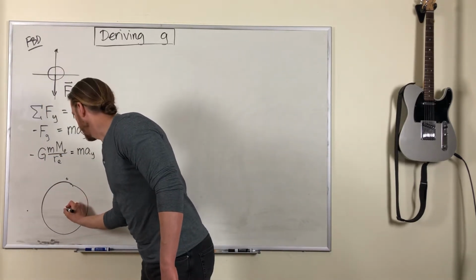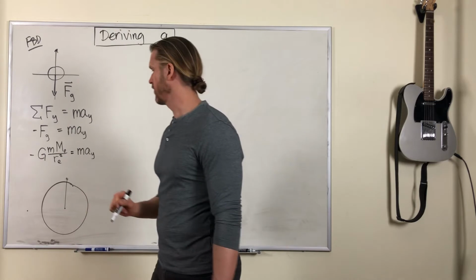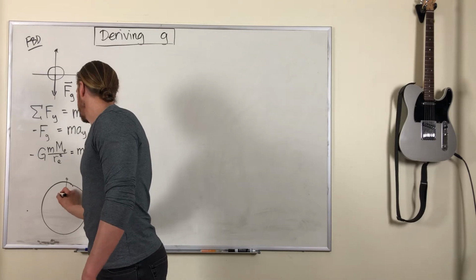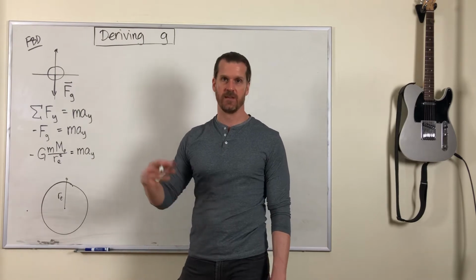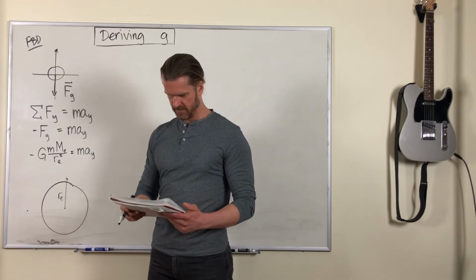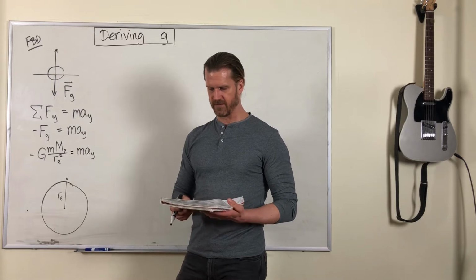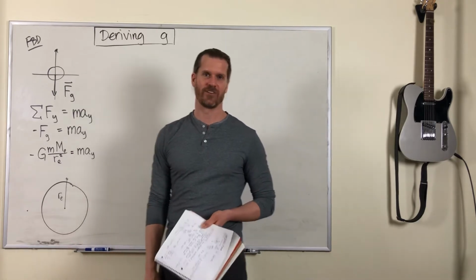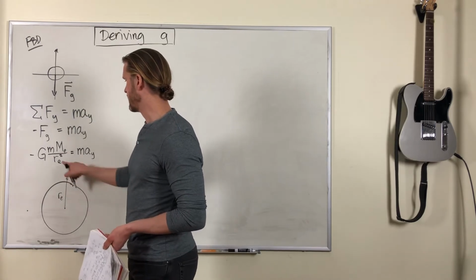And we're saying that the distance between the ball and the center of the Earth is essentially equal to the Earth's radius. Depending on how high above the Earth's surface it is, it might be a little bit more than the Earth's radius, but the Earth's radius is 6,371,000 meters. So if we're off by a few meters here, it doesn't really make much difference. So that's what I mean by the distance here.